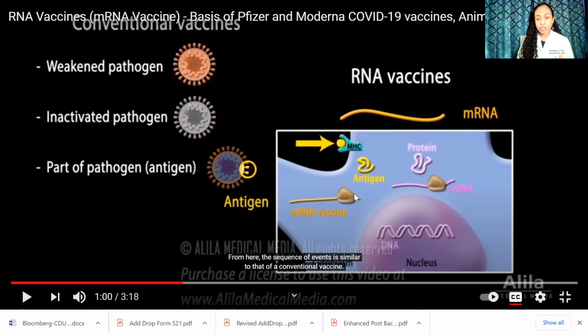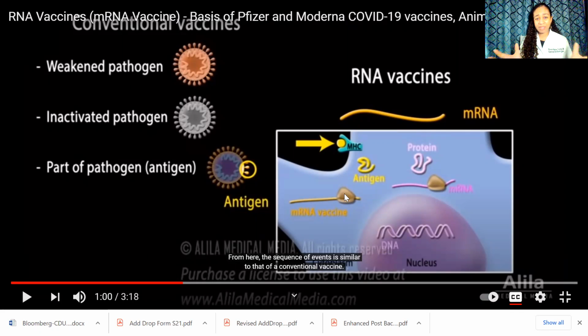It'll produce just this mRNA, and then it will do the same thing, make this antigen, and then show that antigen that's foreign to the rest of the body, and the body is going to sense that, oh, this is foreign, this cell needs to be taken out, it doesn't belong here, it's infected, it has to go.